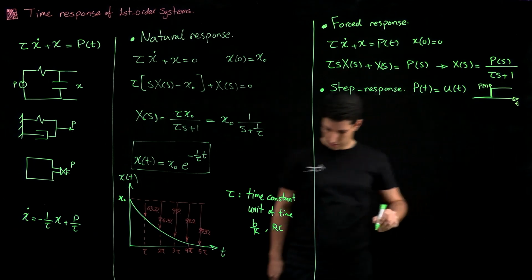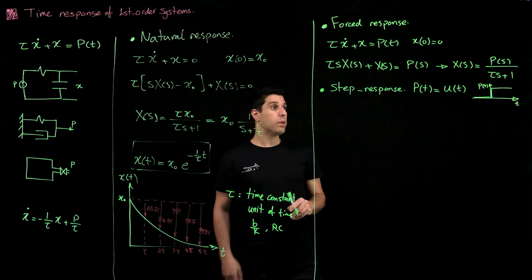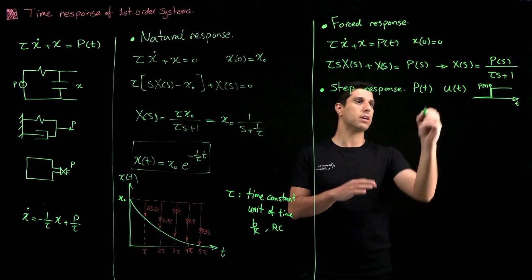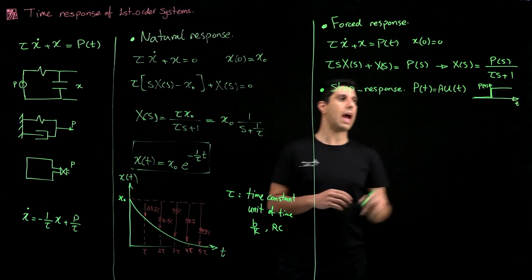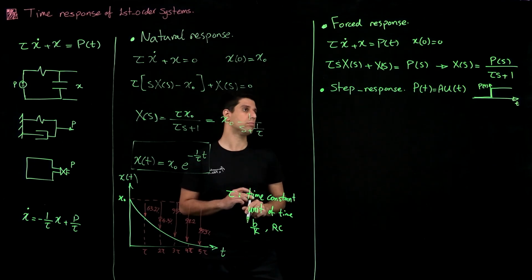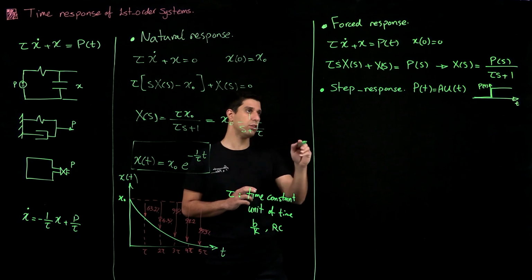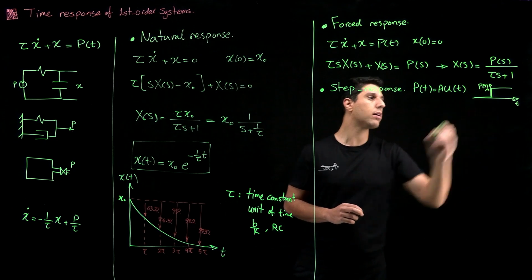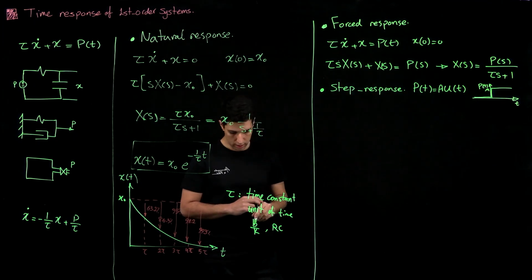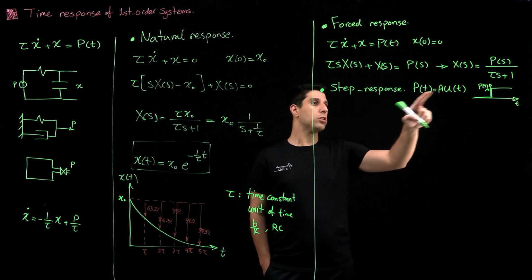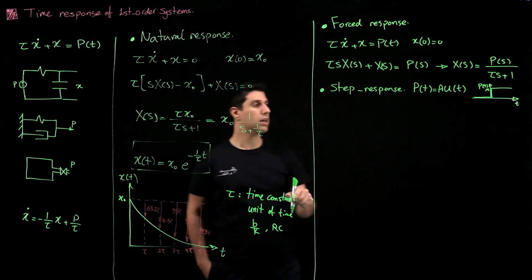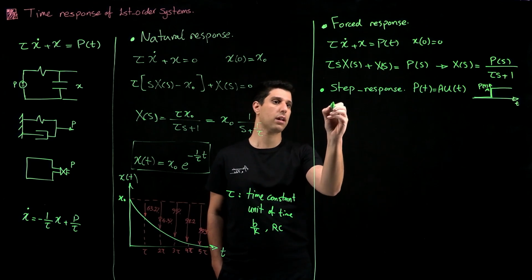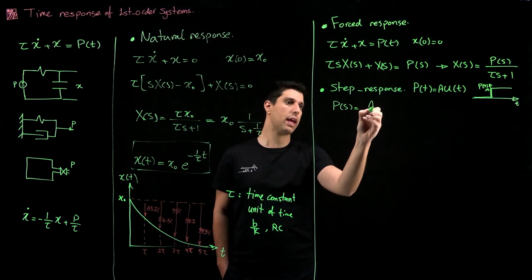Maybe if I want to make it nicer, let's give it some amplitude A. So P comes from 0, jumps to A, and remains at A. And the Laplace transform of this step, P of s, is A over s.